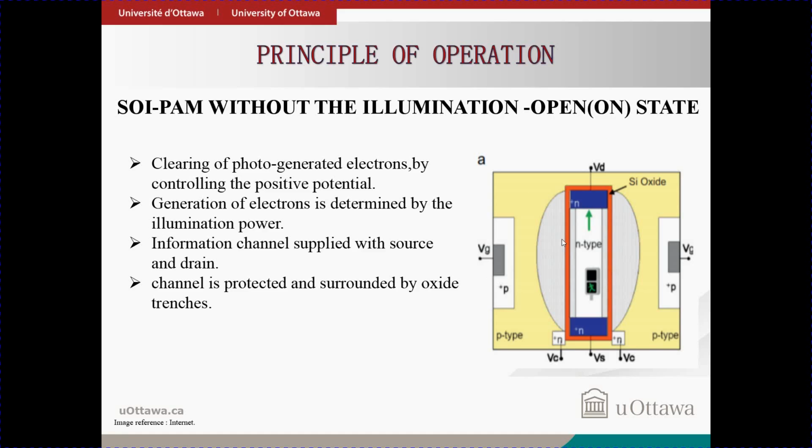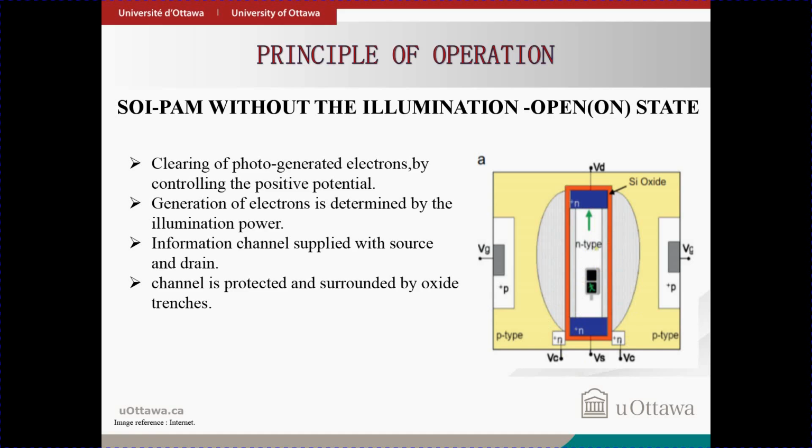Okay, let's come to the operation. When we apply the negative gate potential on both sides of the p-type region, the negatively charged depletion layer forms on both sides, as well as the positively charged depletion layer forms on both sides of the n-type channel also.